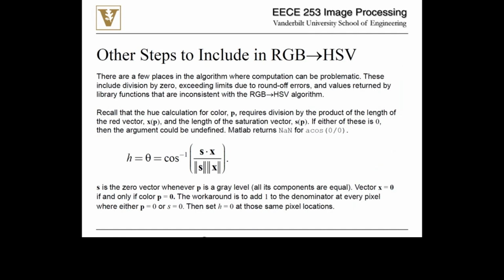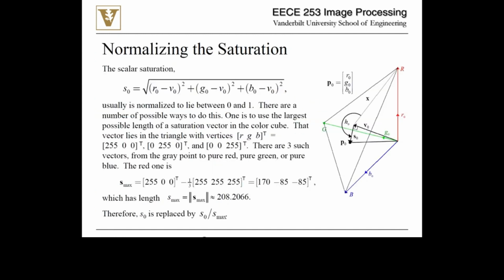Yeah, so those are small details. So what happens if this is 0 divided by 0? We don't care about these small details. So in a true implementation, you have to take care of particular cases. But we want to focus mostly on what is the meaning of those transformations.